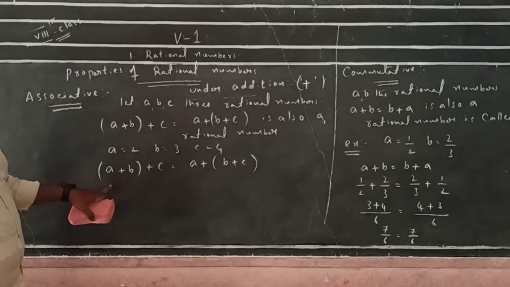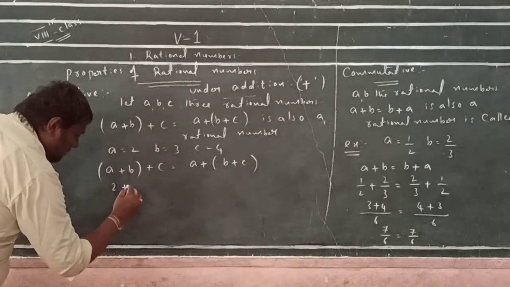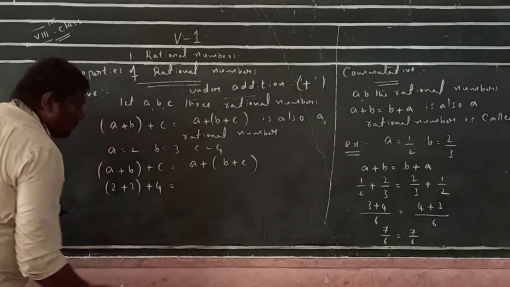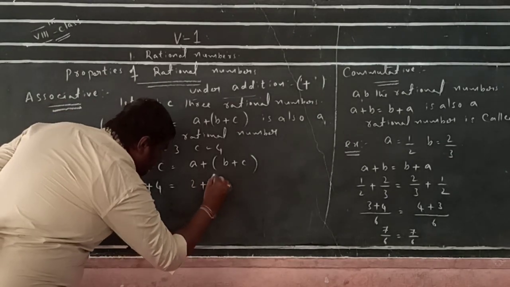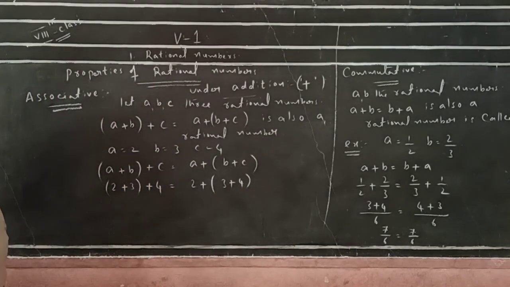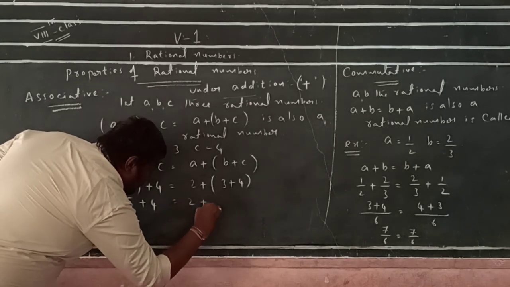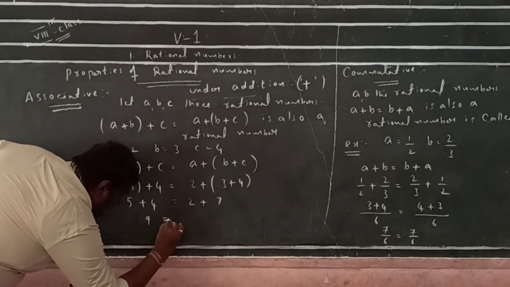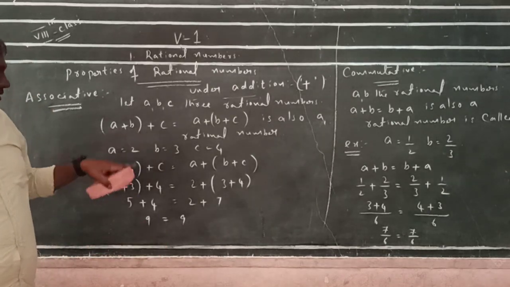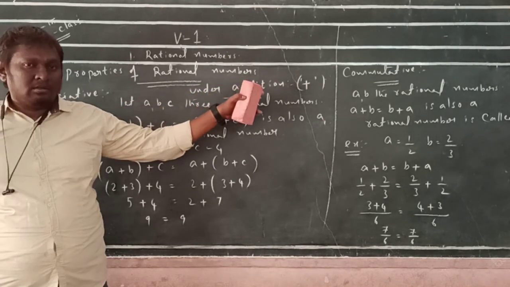A value is 2, B value is 3, C value is 4. Here 5 plus 4, and here 2 plus 7. 9 is equal to 9. LHS equal to RHS. The associative property is satisfied on addition.